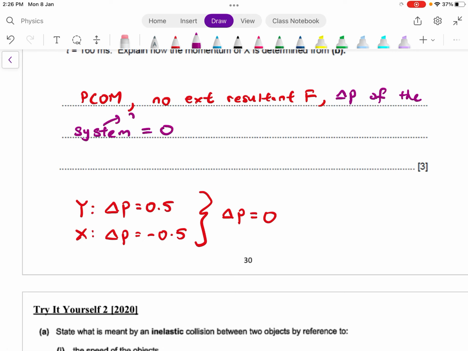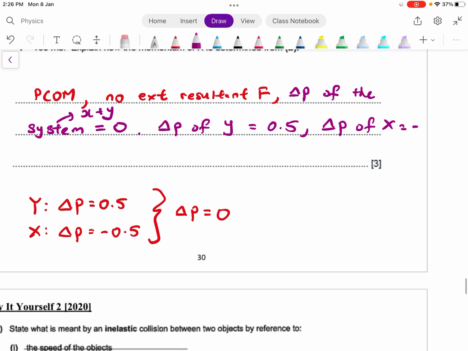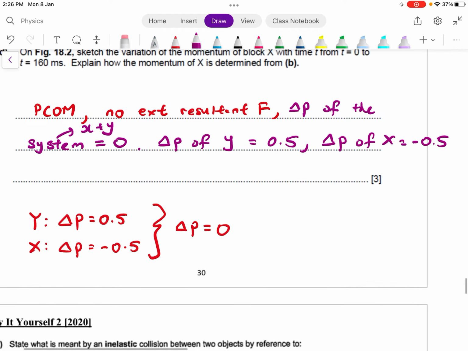The system is actually X and Y together. Since the change of momentum of Y is equal to 0.5, the change of momentum of X must be equal to negative 0.5. So that is how we do the explanation.